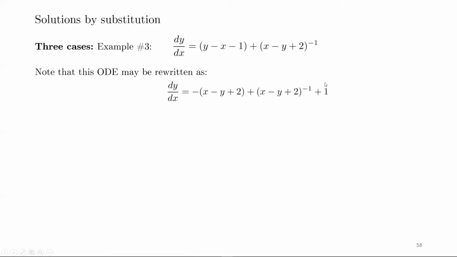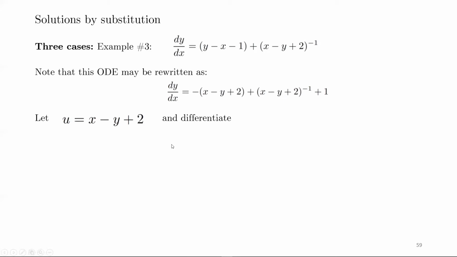The form that this is in now is some number a times x plus b times y plus c in both of these terms. So all the variables have this same structure, x minus y plus 2. So let's make that the substitution variable: u is equal to x minus y plus 2.